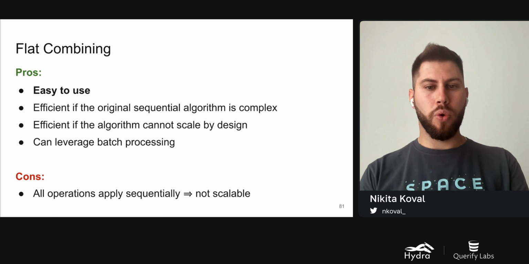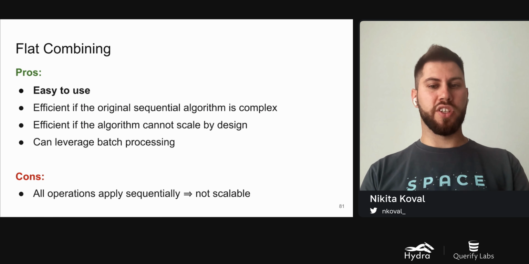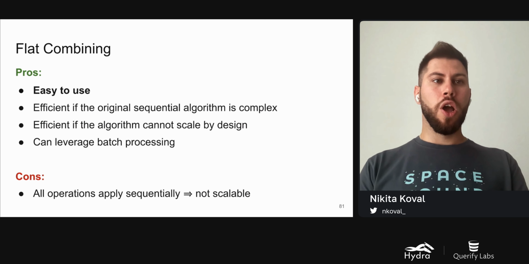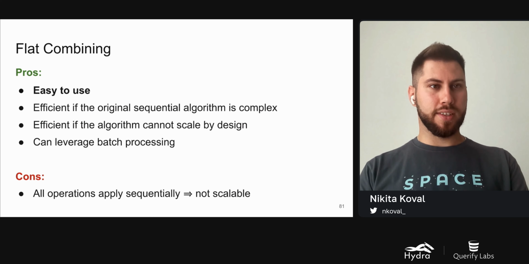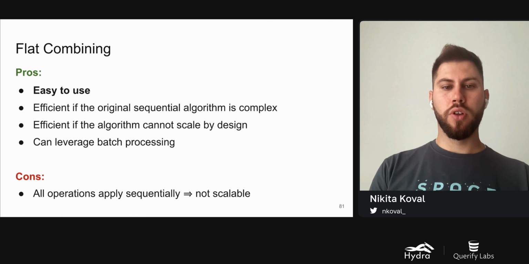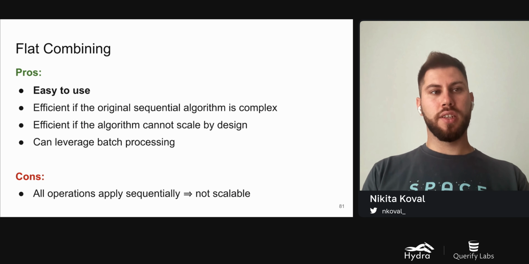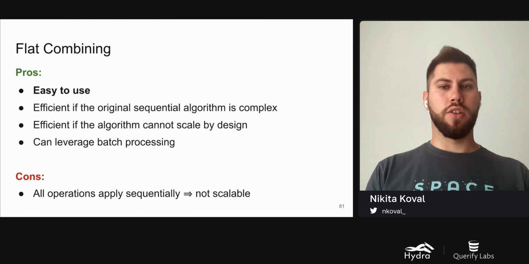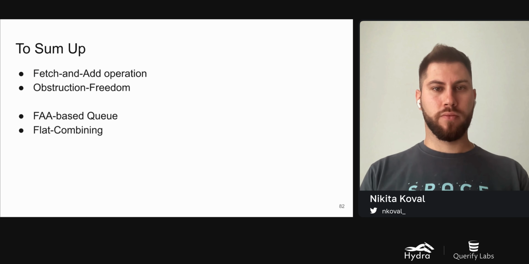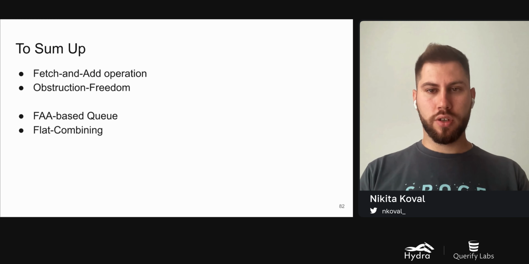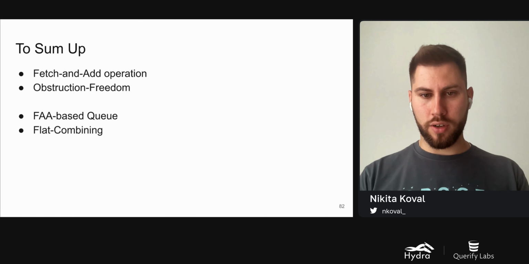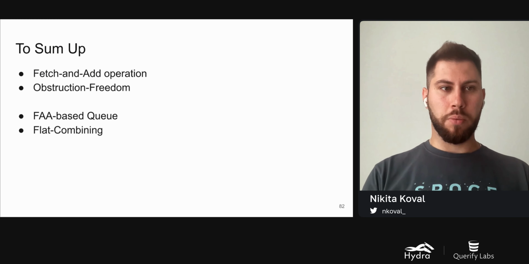But of course, all the operations we still apply sequentially. So we pay less for the synchronization here, but we apply operations sequentially. So flat combining is of course not really scalable, but it's still a very, very good technique that is used in practice. And we don't have a lot of time. We have a couple of minutes.